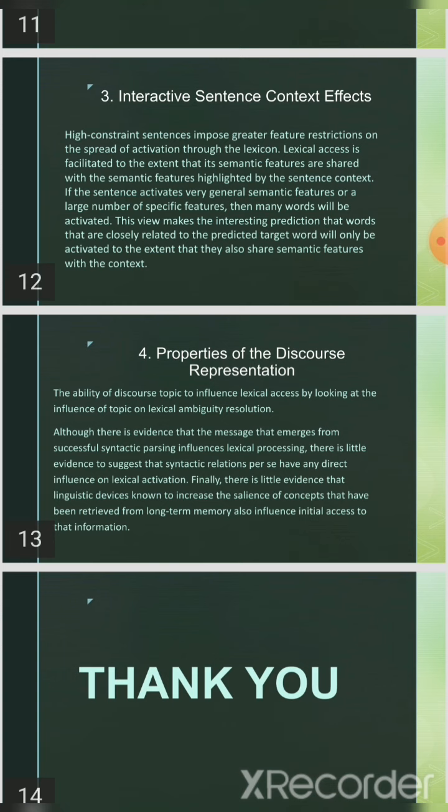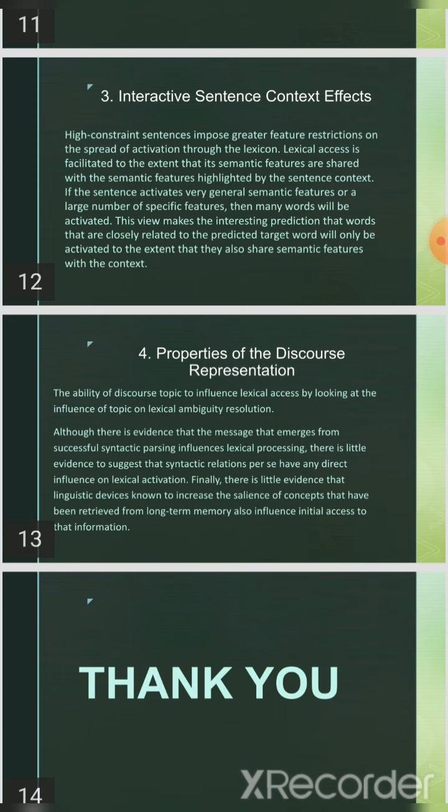And the fourth is properties of the discourse representation. This concerns the ability of discourse topic to influence lexical access, looking at the influence of topic on lexical ambiguity resolution. Although there is evidence that the message that emerges from successful syntactic parsing influences lexical processing, there is little evidence to suggest that syntactic relations per se have any direct influence on lexical activation.